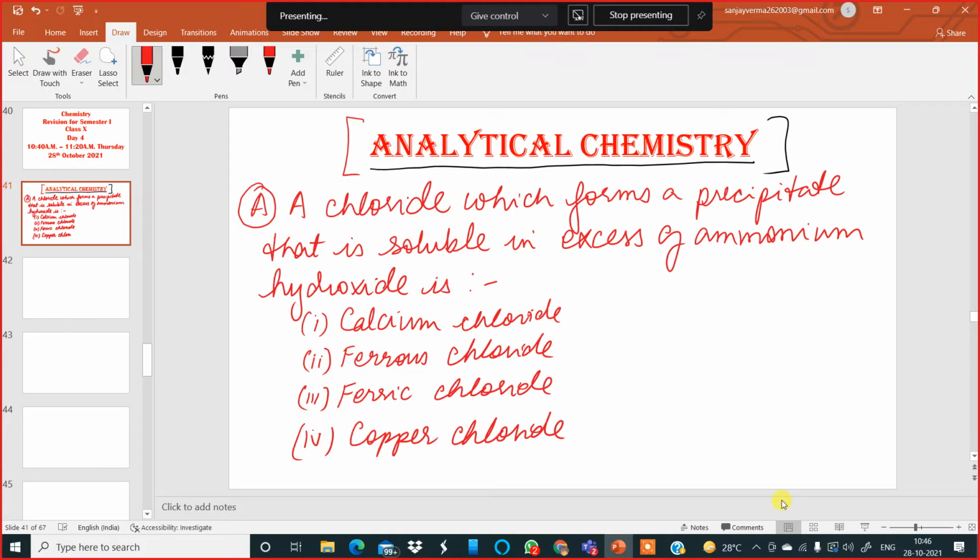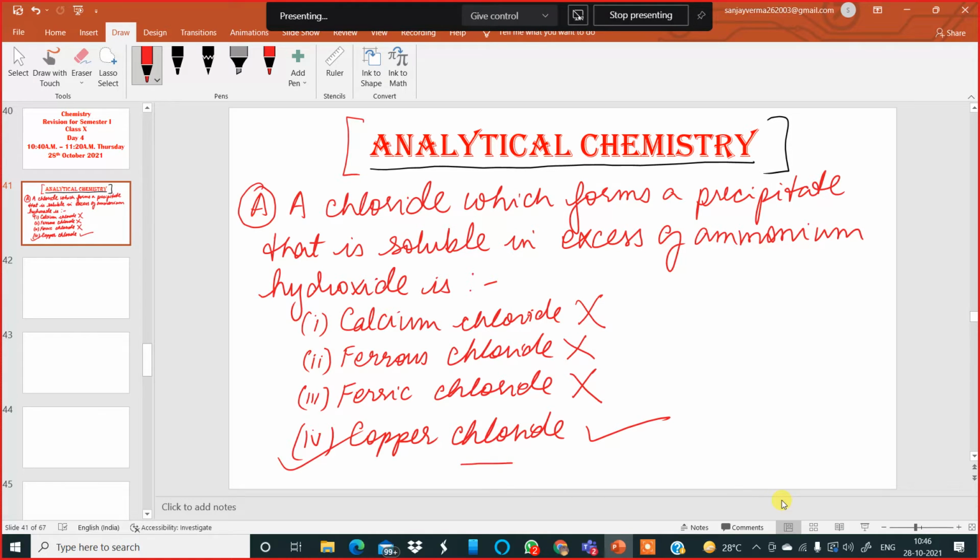So which chloride forms a precipitate which is soluble in excess of ammonium hydroxide? It has to be copper chloride, option four. It is not calcium chloride. It is not ferrous chloride. It is not ferric chloride either.